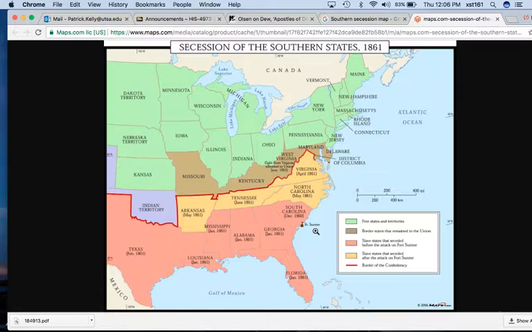But in 1860, Abraham Lincoln wins the presidency without getting one electoral vote from Southern states, and Southerners realize that they've lost the executive branch of the U.S. government, which means eventually they'll lose the Supreme Court, of course, because it's the president that appoints Supreme Court justices. And then the South still has a voice in Congress, but it's lost a lot of power because it's lost the presidency.